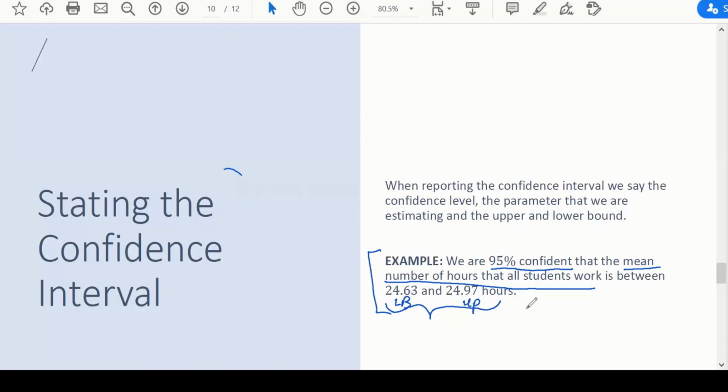So 24.63 and 24.97 hours. That's the way you're going to write the sentence in your solution. We're 95% confident that the mean number of hours that all students work is between 24.63 and 24.97 hours. That's the best you can do to estimate the population mean.